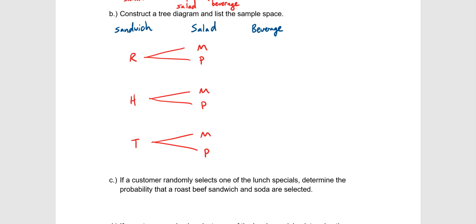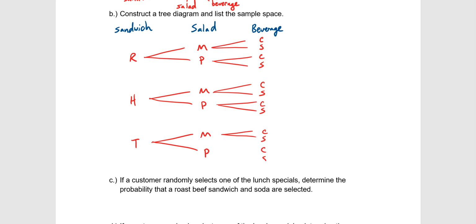So it's going to be CS coming from the first macaroni, CS coming from the first potato, and now for the next one we have CS from this macaroni, CS from the next potato, CS for the last macaroni, and CS for the last potato. So this is going to give us our whole entire sample space.